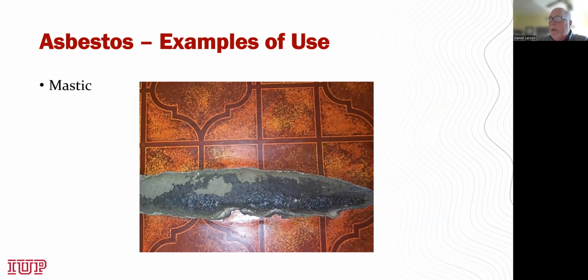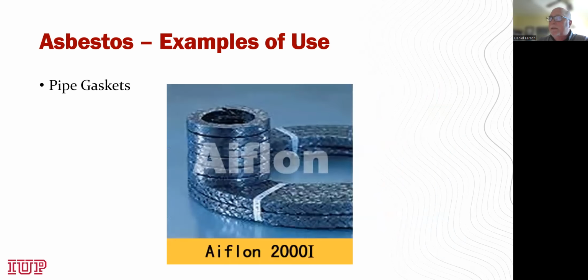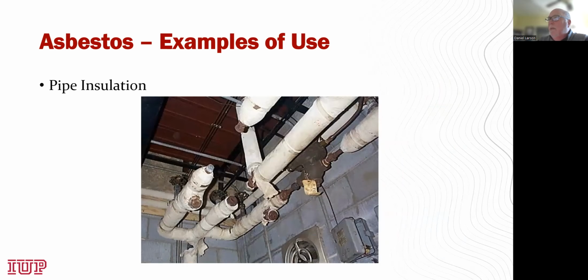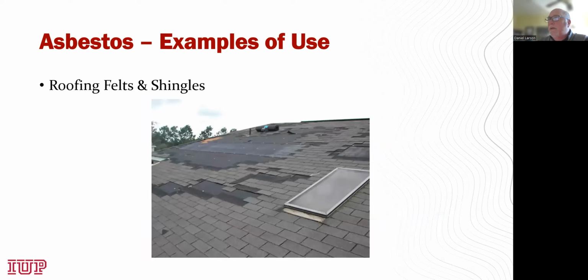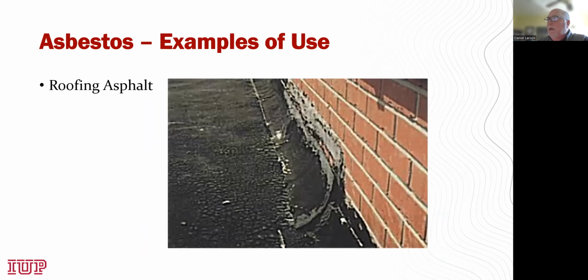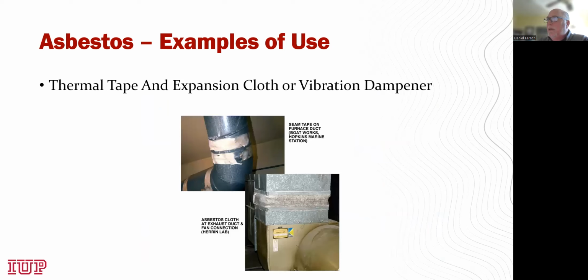Mastic under flooring or under tile, the black mastic, could contain asbestos. Pipe gaskets, pipe insulation, roofing such as the felt and the shingles, if it's old enough, could contain asbestos. Roofing asphalt could also contain asbestos.